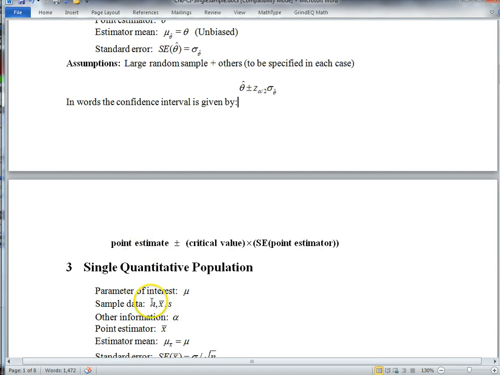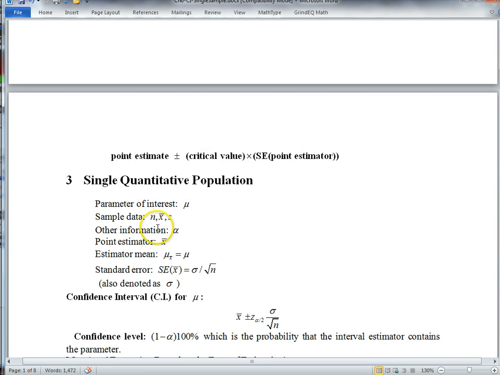So now if we go back to this property here, remember those values. Now we deal with a single quantitative population. The parameter of interest in this case is mu. So you collect sample data, we need n, x bar, and s, the sample mean and sample standard deviation. We're going to specify alpha, which is the probability of making an error.